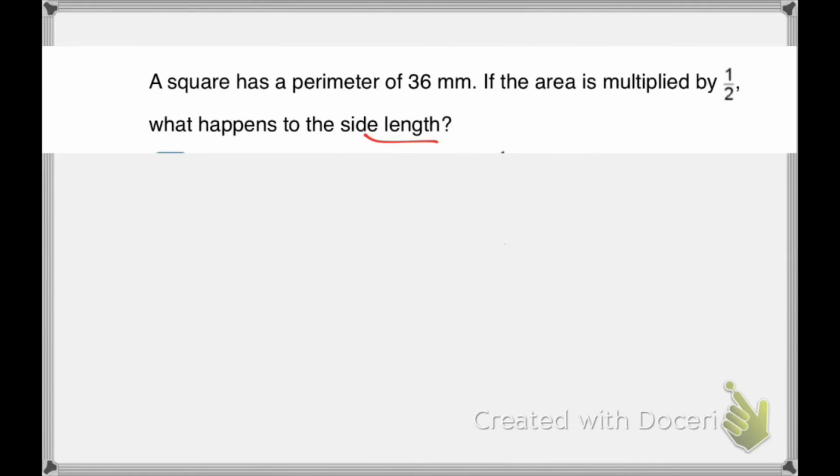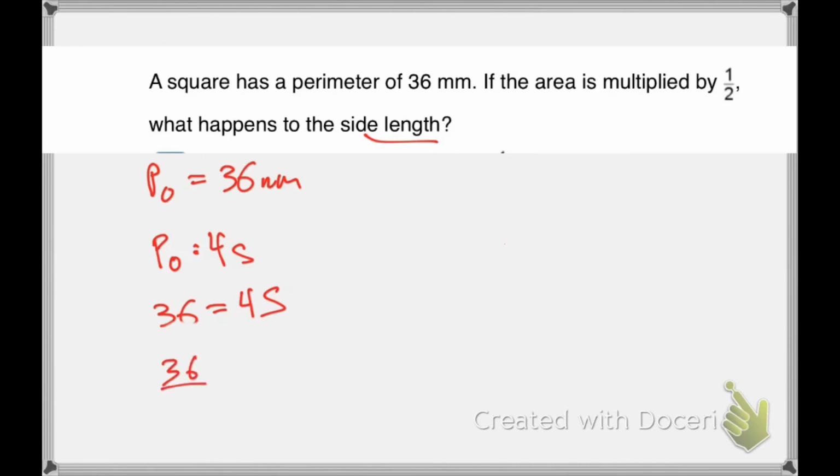So if the perimeter of my original square, PO for perimeter of the original, is 36 millimeters, let's find the side length. The perimeter of a square is equal to 4 times the side length, so I get 36 equals 4s, since you have 4 sides of equal length. So the side length is 36 divided by 4, which is 9 millimeters.